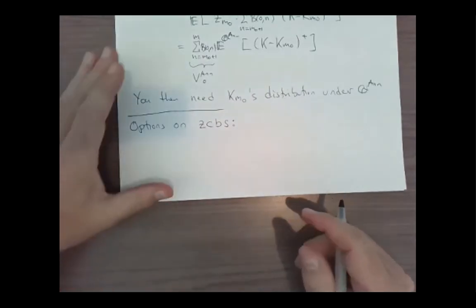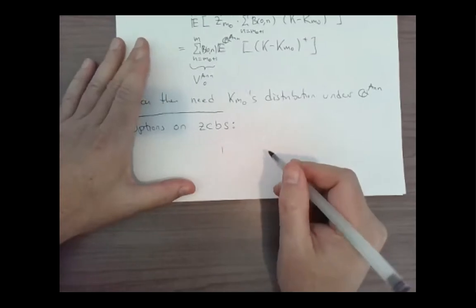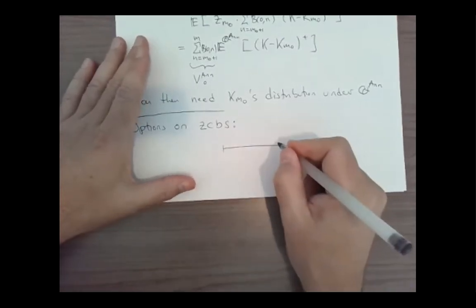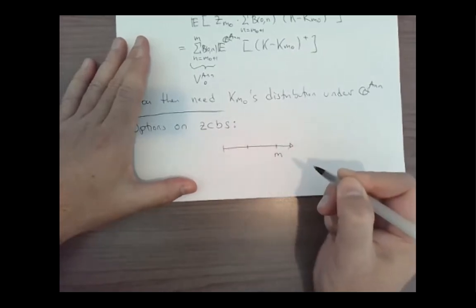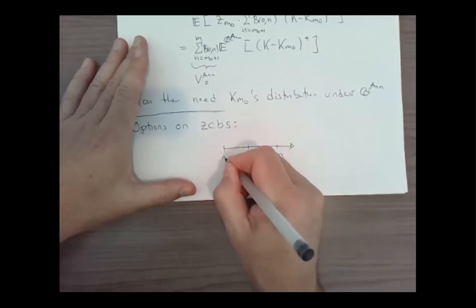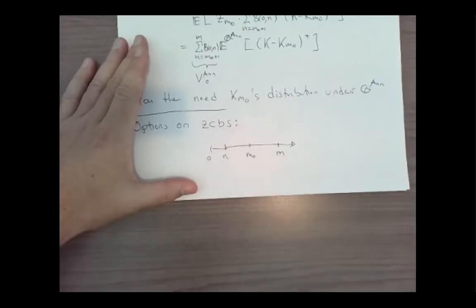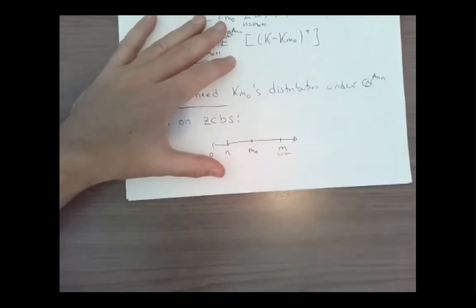So now the picture is we have M, we have this M0, and say we have N. Maybe this is 0. This part here is when the zero coupon bond expires.